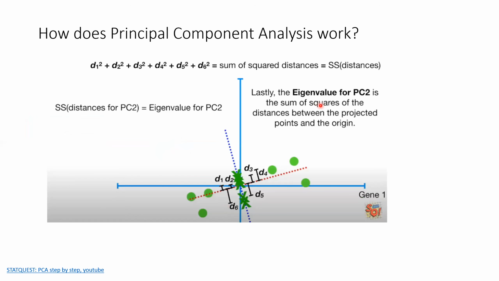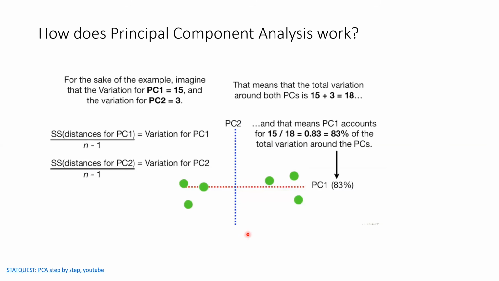And then to calculate how much variance is explained by our principal components, we calculate the eigenvalues for each principal component. And the eigenvalue is the sum of the squared distances between the projected points and the origin. So we then take the squared sum of the distances for each PC and sum the total variation together to measure how much variation each PC accounts for.